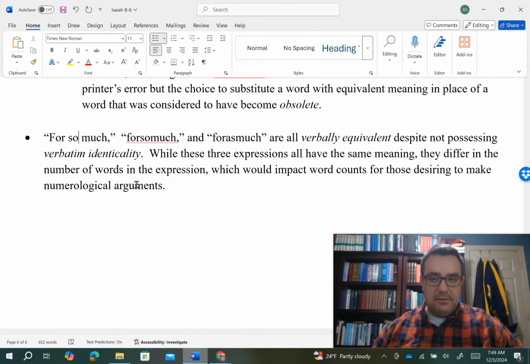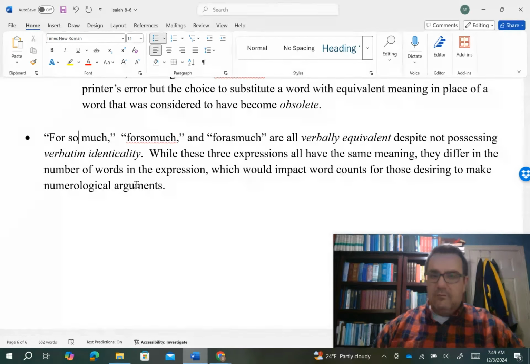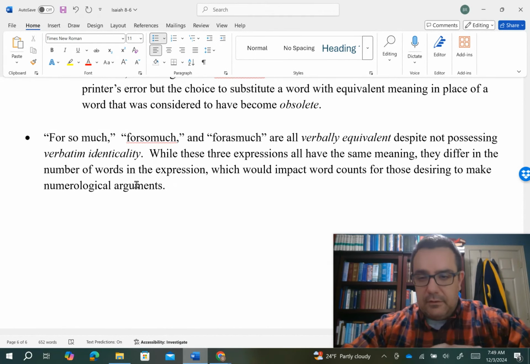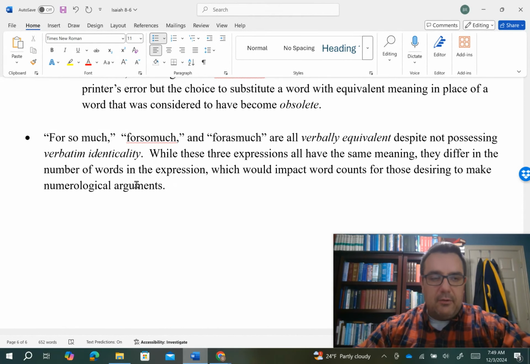And so here's another example of where the King James text does not have verbatim identicality of wording. There is verbally equivalent wording, but it would impact some of this number counting, word counting, and so forth. And this is not the only example that would impact these things, where in the 1611 words, sometimes there's two words that have now become one word. In this video, we've seen three words that have now become one word.